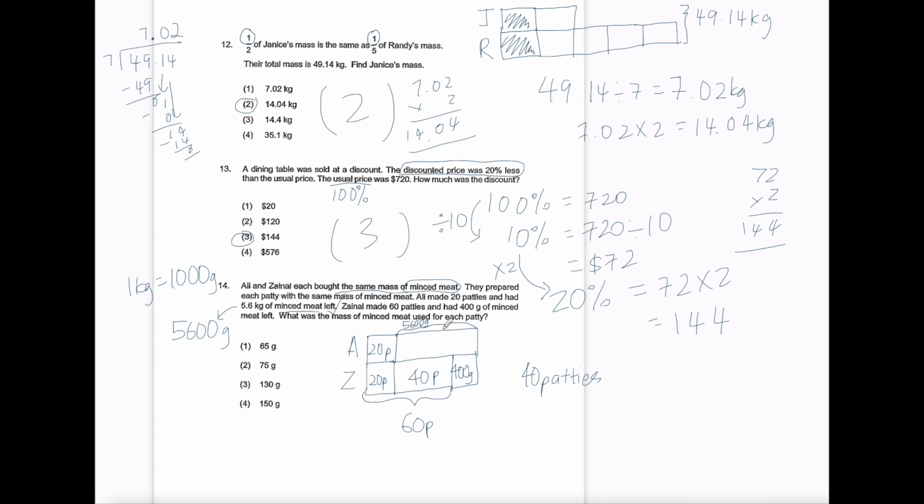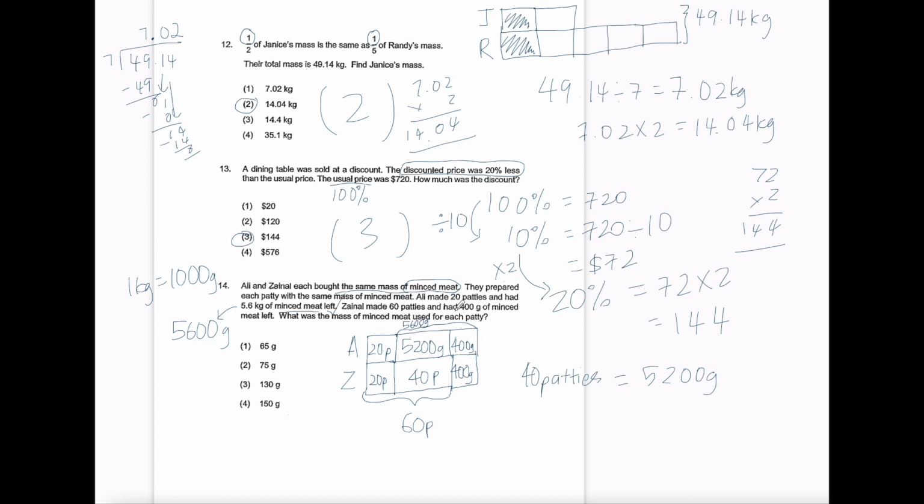This whole thing is 5,600 grams, right? And this is 400 grams. So what's this? This is 5,200 grams. 5,200 plus 400 gives you 5,600. So what does this mean? 40 patties is 5,200 grams. This is the power of models. It helps you see very, very clearly.